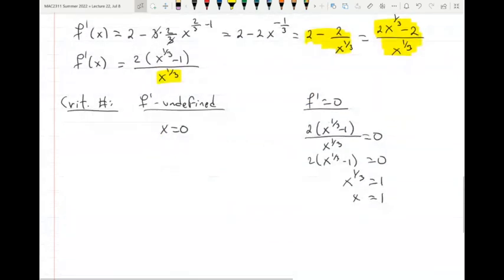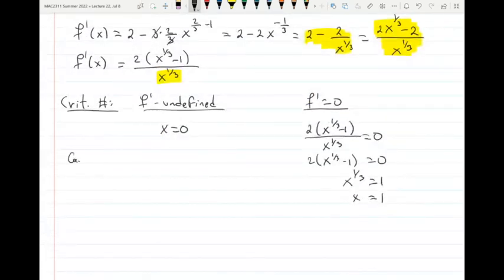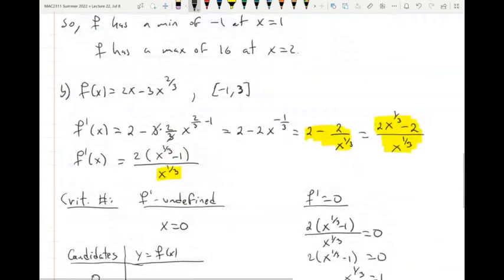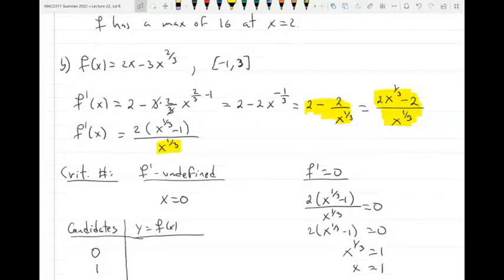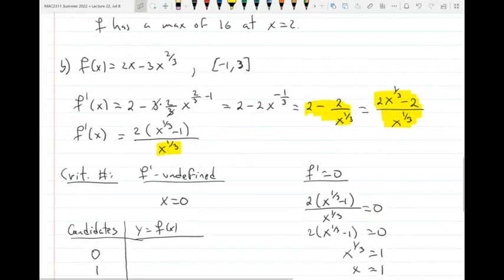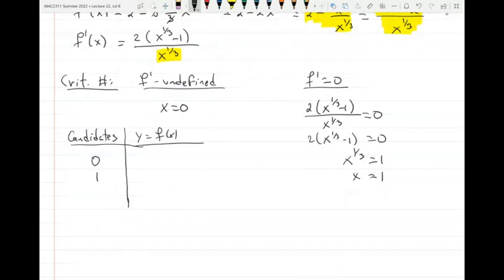Let's write them down and figure out their values. We found 0, we found 1, and notice that both 0 and 1 are inside the interval -1, 3, so we're good. Then the endpoints are -1 and 3.